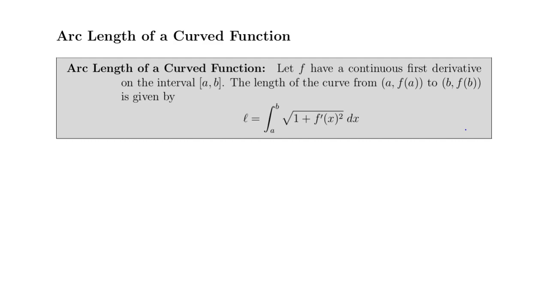So this is our arc length formula. As long as f has a continuous first derivative, now this is a little bit different. Earlier, we just needed the derivative to exist, right? We needed our function to be differentiable on the open interval because that means that we could use the mean value theorem. Now we need the derivative to be continuous so that it's actually integrable.